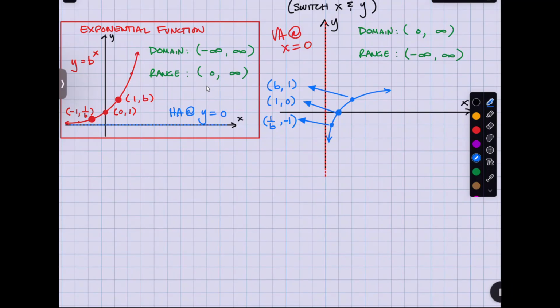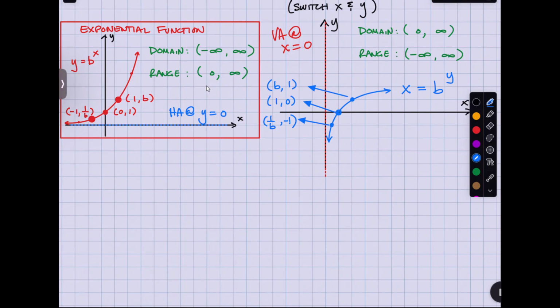So it is x equals b raised to the y power. Like literally, I just want you to switch x and y, right? That's all we did. Ta-da, we switched x and y. Is there anything we forgot? We're good, right? Okay.